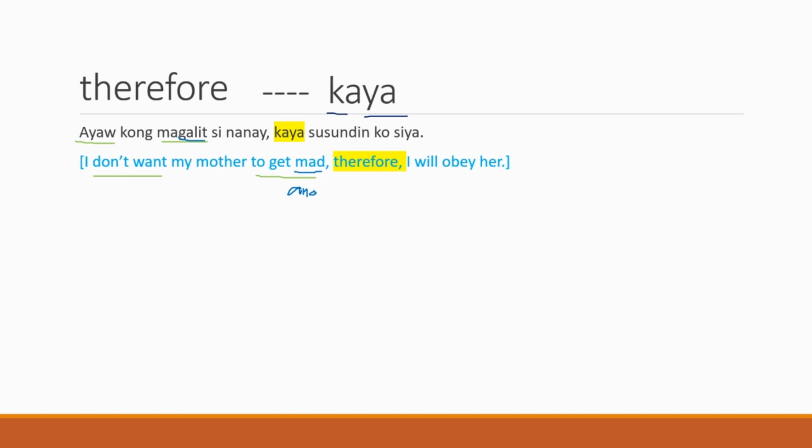That's the equivalent in Filipino. Si nanay is mother. But there are many ways of naming your mother in Filipino. Some versions of it are ina, sometimes we use inang, mama, and many more.